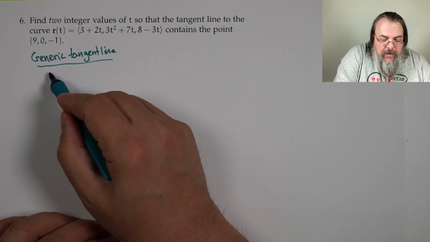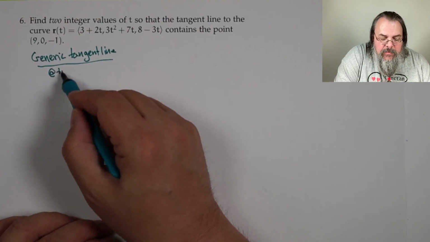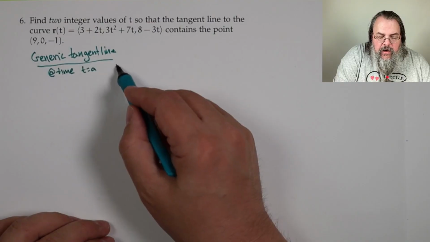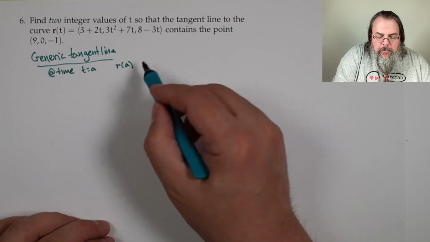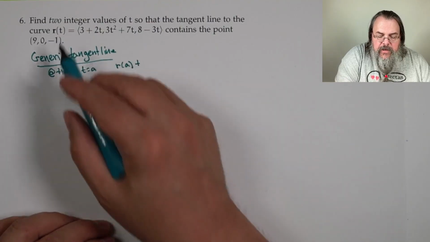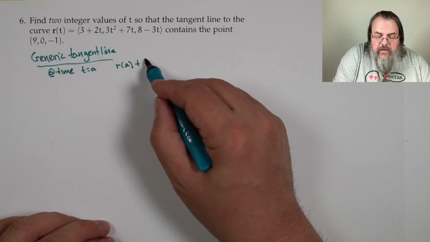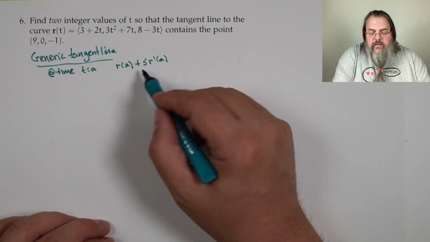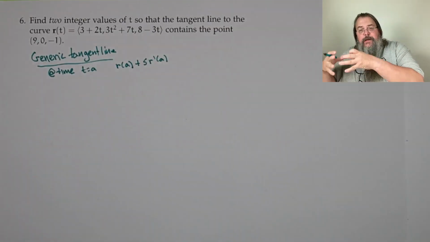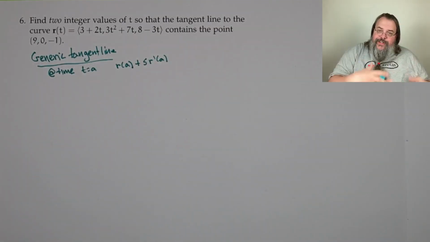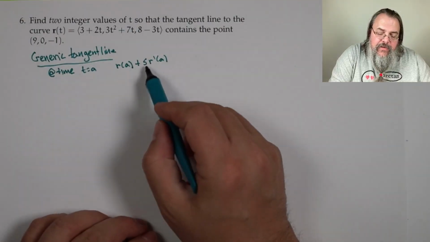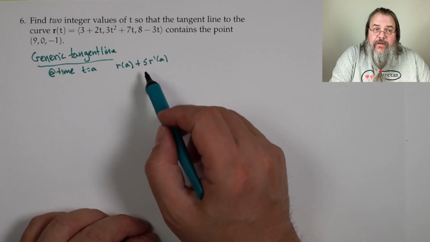So at time t equals a, it looks like r of a plus, and I'm going to use a different symbol than t. Let's use s times r prime of a. So this is saying that there's a time associated with your curve, and there's a time associated with your tangent line. And so s is the time I'm going to associate with my tangent line.